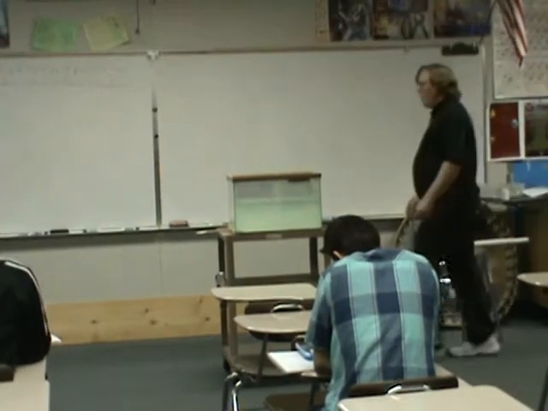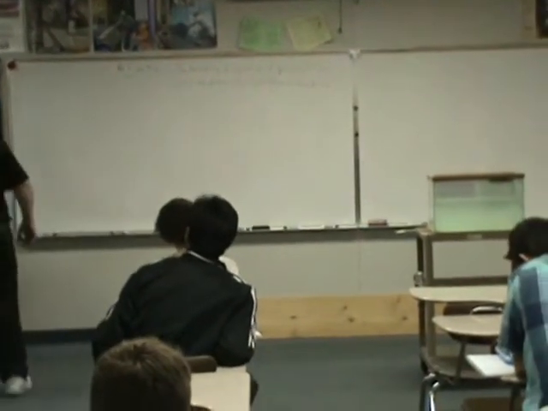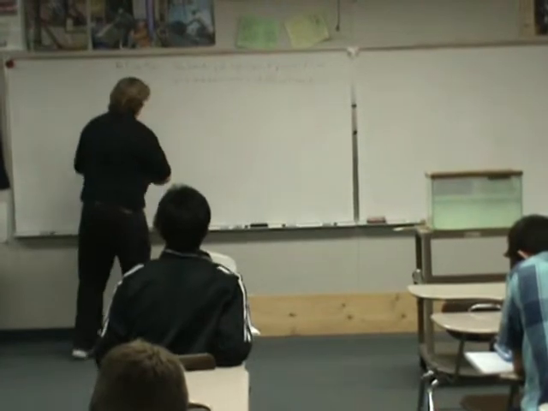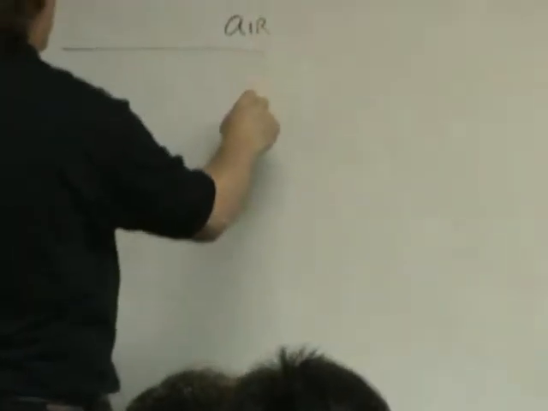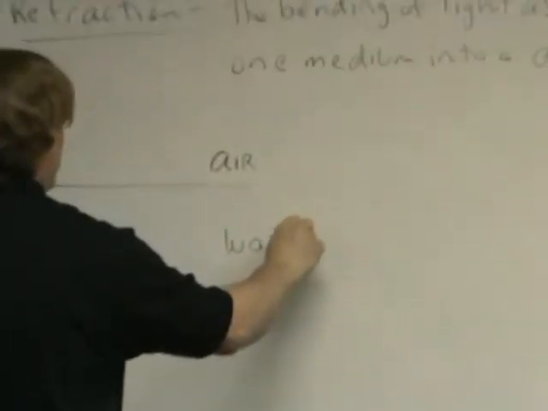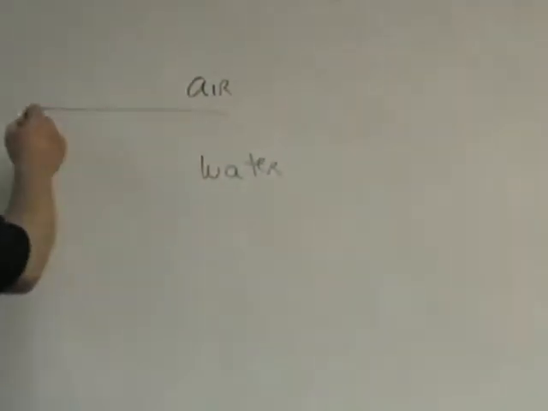If I can draw on the board what happened, here's what happened. I had air here and water there, and I was shining a laser, and the laser was coming in at this angle.